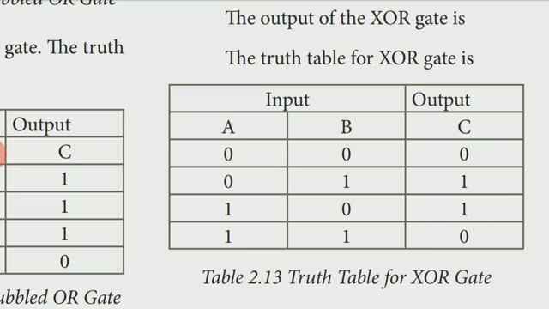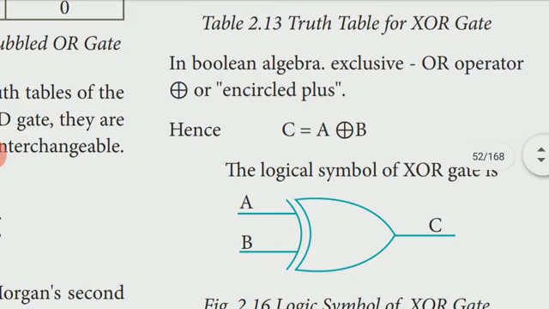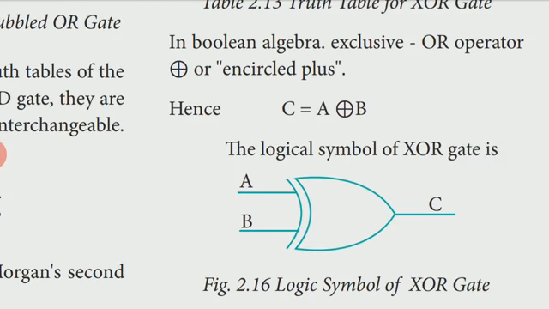Both inputs A and B are true, but we got the answer as false, 0. And this is the truth table. We write the logic operator as an encircled plus, that is a plus within a circle, called encircled plus, and this is the logic symbol for the XOR gate.